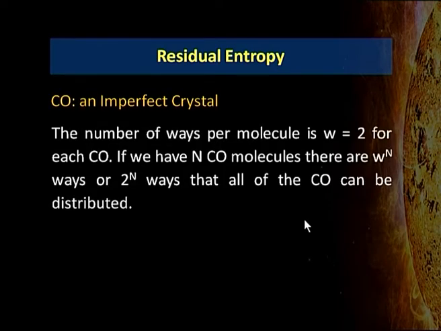So, the number of ways per molecule is 2 for each CO. If we have n CO molecules, there are W to the power n ways, or 2 to the power n ways, that all of the CO can be distributed.